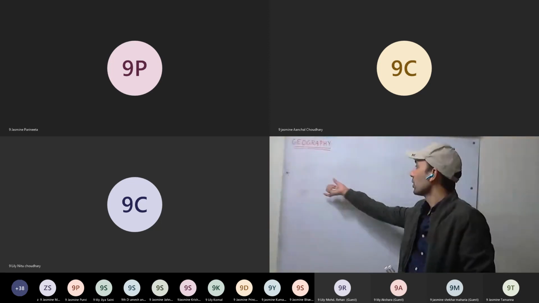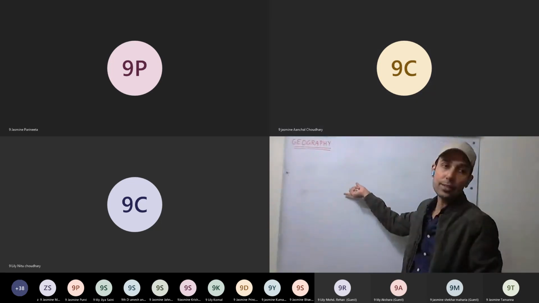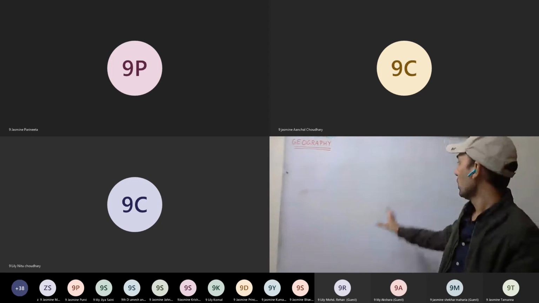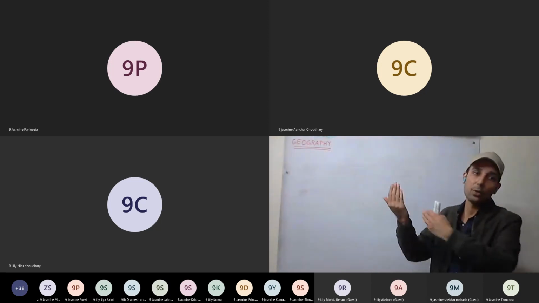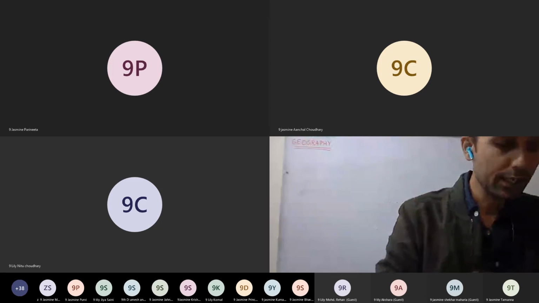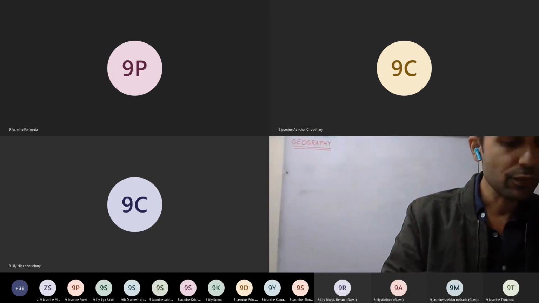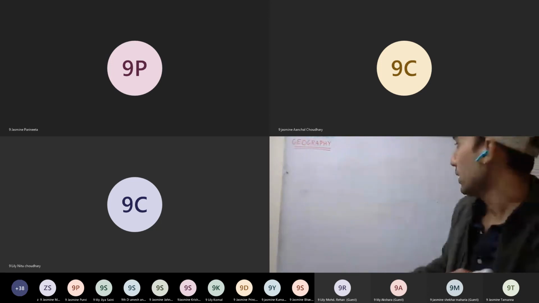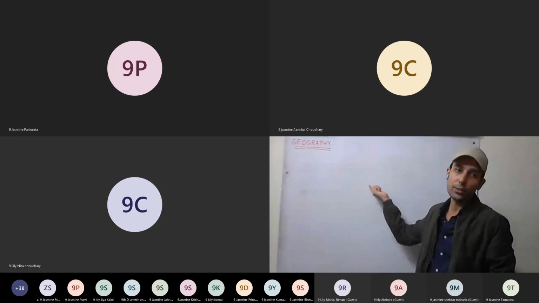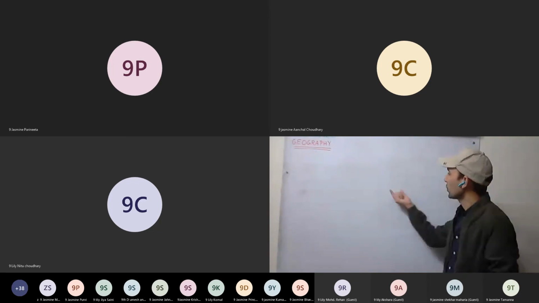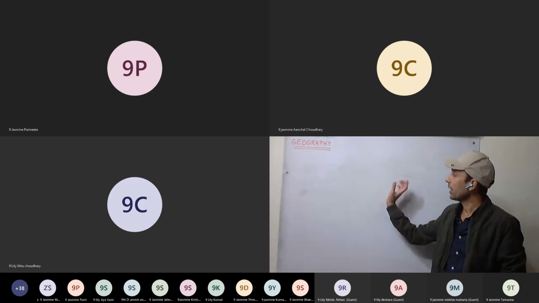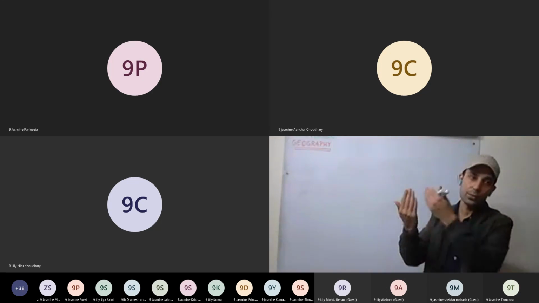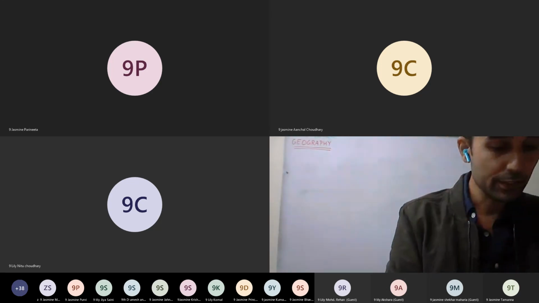Why? Because most of the heat is concentrated in the tropical zone. During the day, most of the heat is concentrated, and at night it is lost, so the temperature is low. So the variation is high. Sun rays fall vertically and travel a short distance through the atmosphere, so during the day most of the heat is concentrated there, and at night it is lost, so the temperature variation is large.